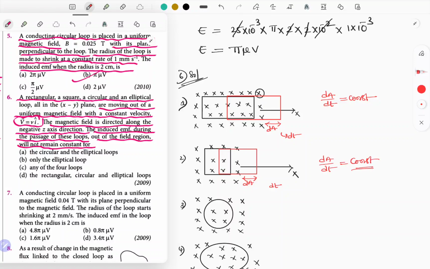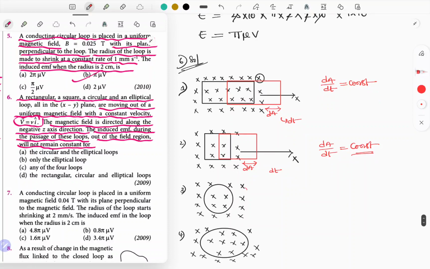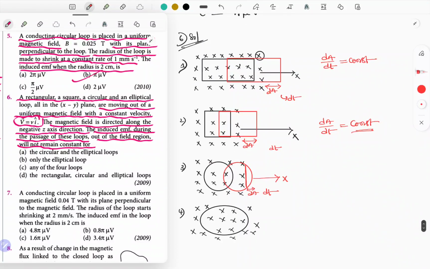Isn't it? Very good. Now let's check out with this circle and ellipse. This is how loop is traveling along x direction. Now this is the area which came out in dt time. After some more interval of time, will I get the same amount of area or a different amount of area? Now observe this one. So this is how that loop came out.